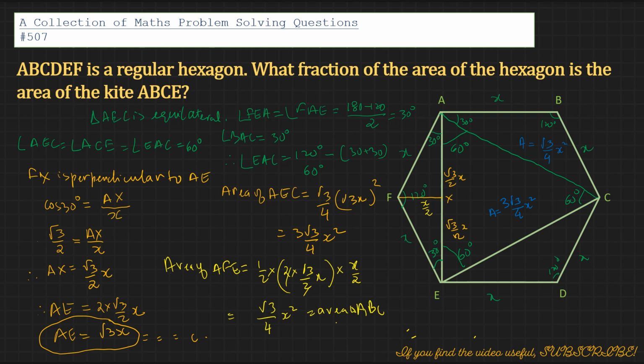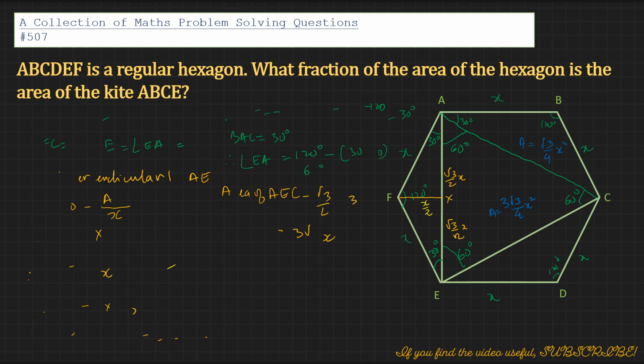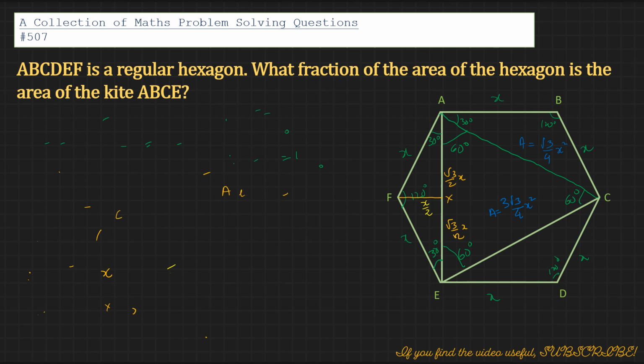Once we get that, therefore the area of the kite we know. So we have to add the two areas to get the area of the kite.